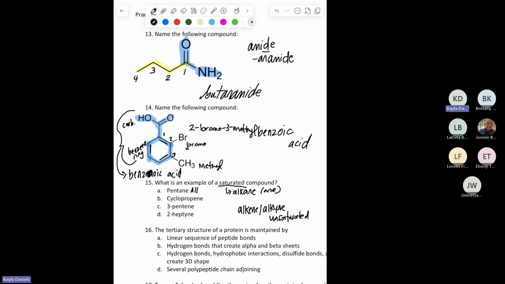So this one ends in A-N-E, so this is an alkane. E-N-E is an alkene. E-N-E again is an alkene. Y-N-E is an alkyne. So our saturated would be the pentane.